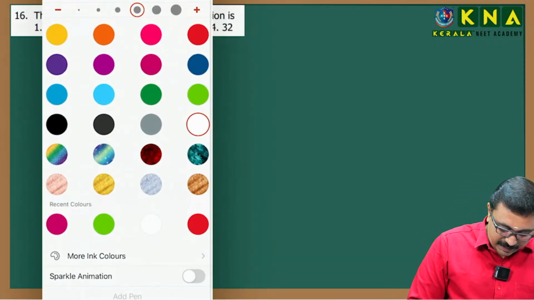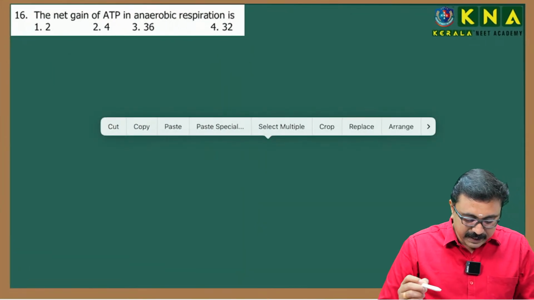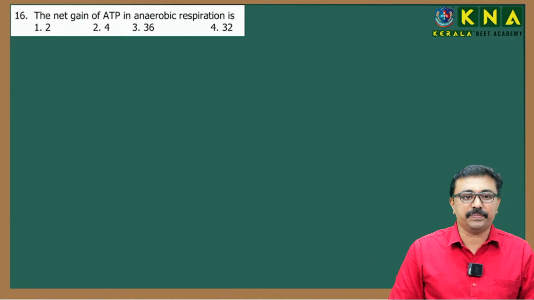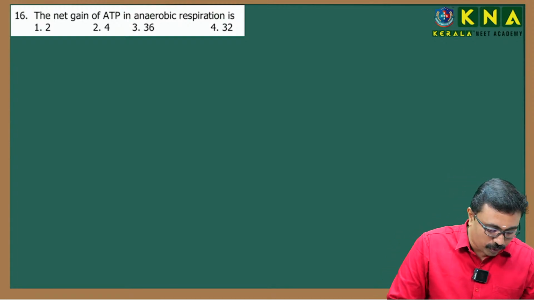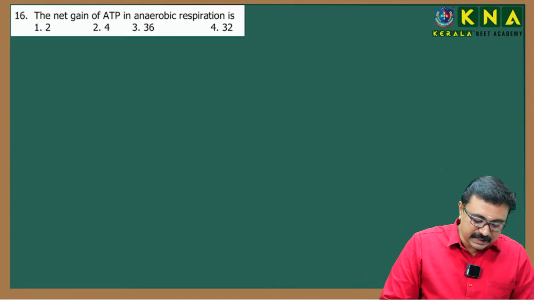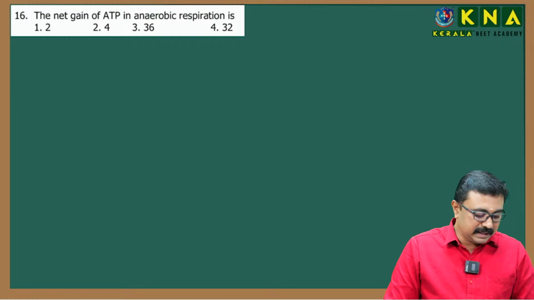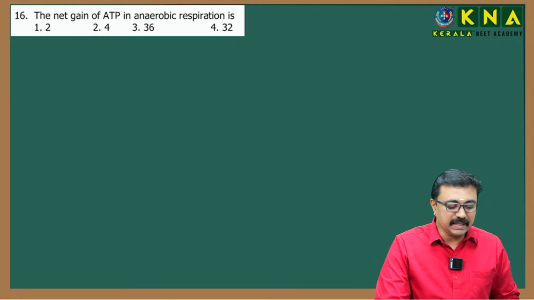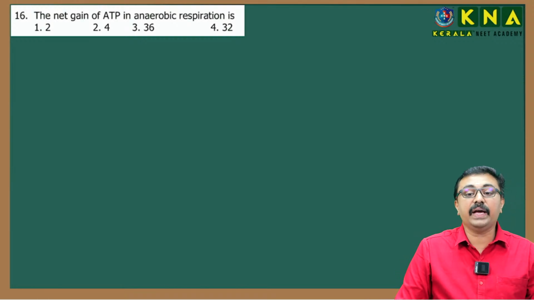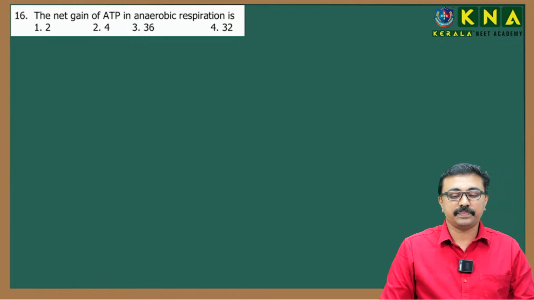Options: option 1, 2; option 2, 4; option 3, 36; option 4, 32. Can you answer? Net gain of ATP in anaerobic respiration.